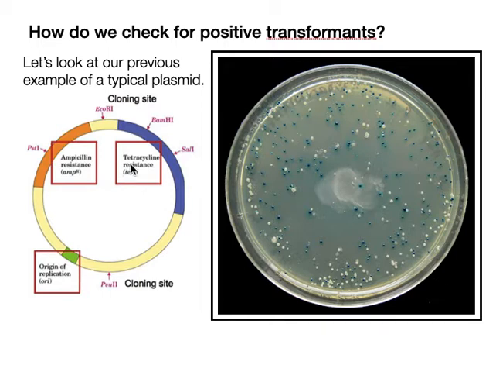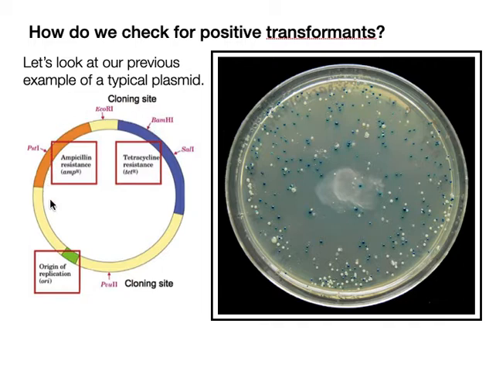So if we look at our previous example of a typical plasmid, we can notice parts of the plasmid genome that command for ampicillin or tetracycline resistance or any antibiotic resistance.